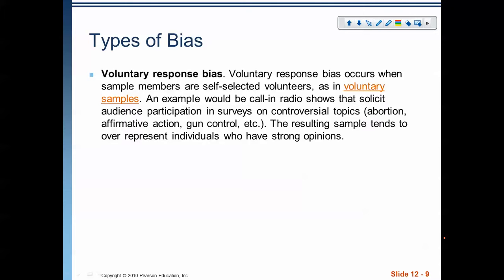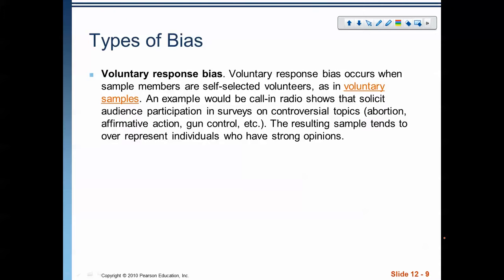You also get the problem of your audience, right? Let's take the example of abortion, because we want to keep it light. If you were to do a Fox News poll about whether you're pro-choice or pro-life, you're going to get vastly different results than if you were to do an MSNBC poll. Does that make sense? Because your audiences are very different and have much different opinions. The likelihood is that on the Fox poll, you're going to have more people that are pro-life than pro-choice, because Fox News tends to be a very Republican base.